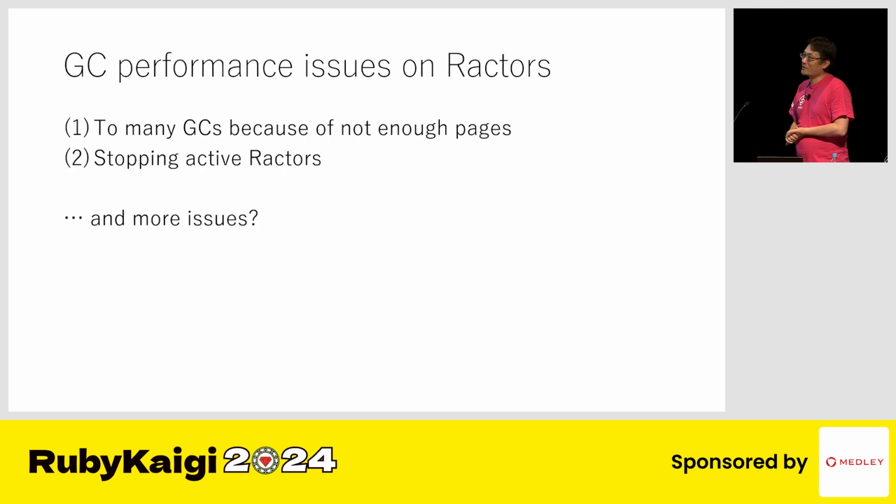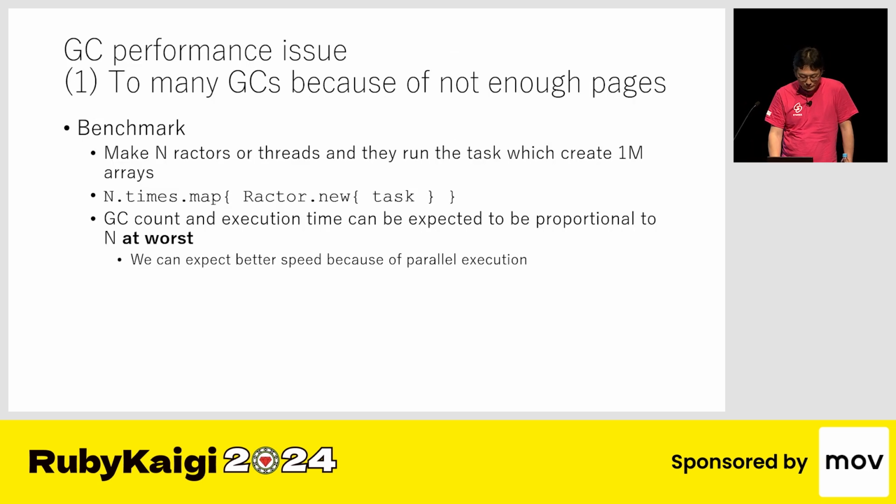After analysis, we can observe that there is too much garbage collection because of the page tuning parameters. Also, when stopping active Ractors, we need to do garbage collection. So in the Ractor system, one garbage collection is slower than in non-Ractor programs.